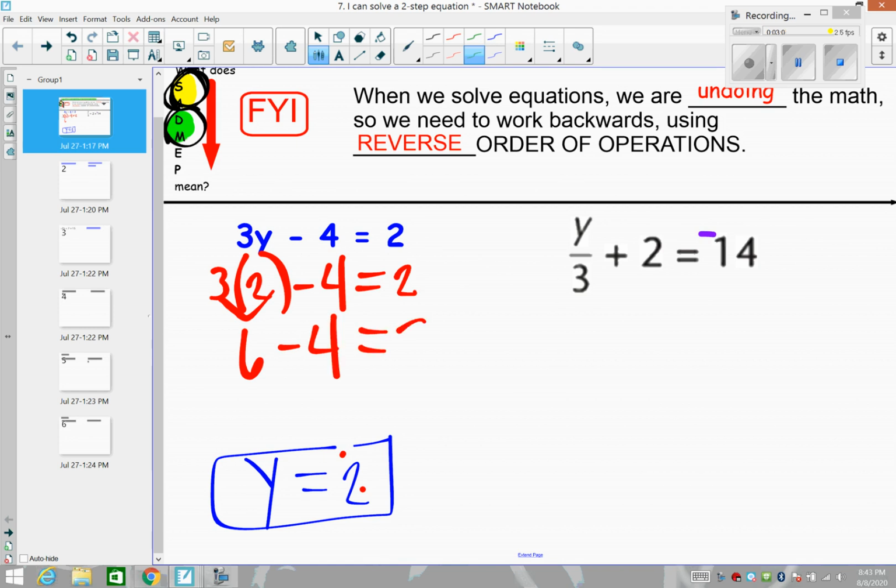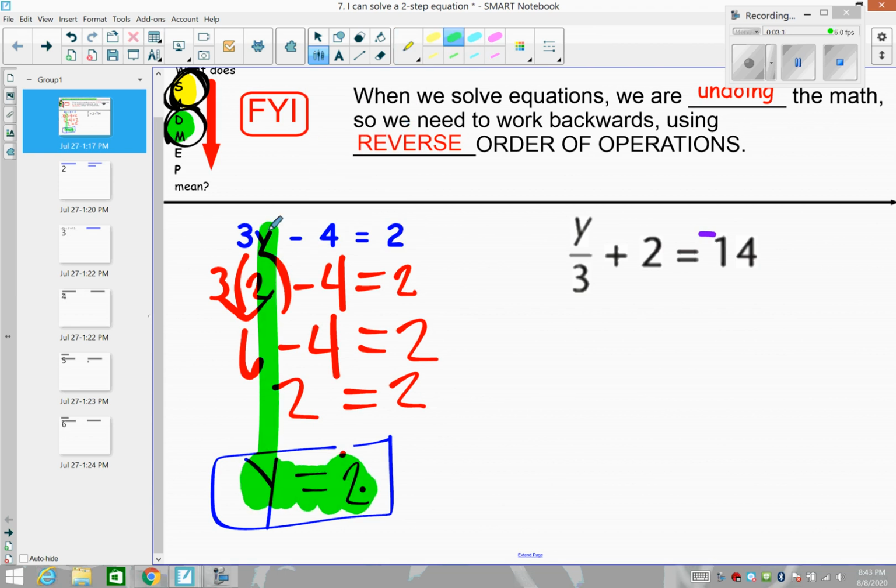Does that equal 2? 2 equals 2. Yes. So we know that 2 is the solution for y. So this is called the two-step equation. You'll notice that we're using the same skills that we've been using the last couple days, all jammed into the same problem. So the problems get bigger when we do two-step equations.